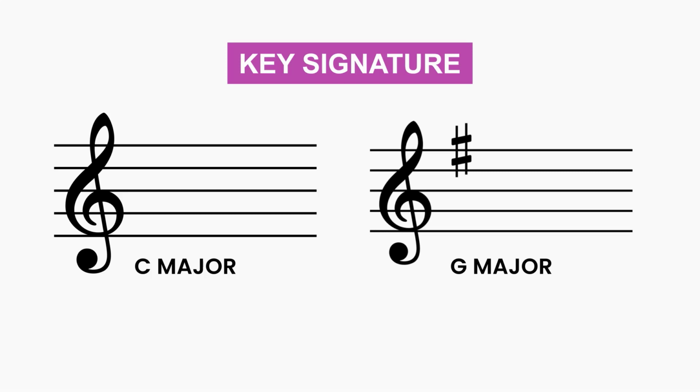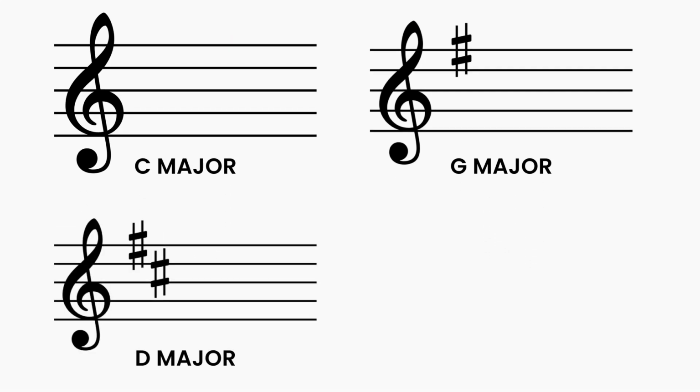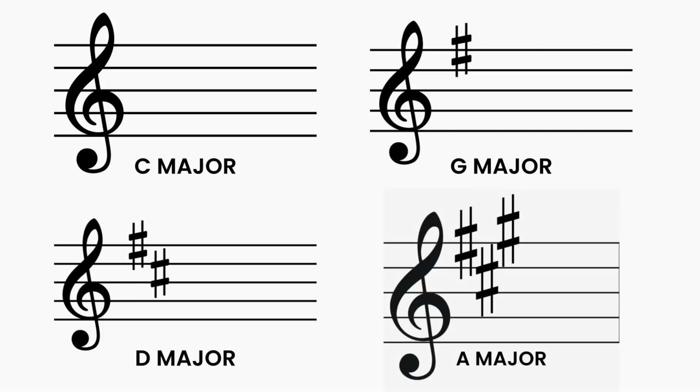G major has one sharp, that is F sharp. D major has two sharps, that is F sharp, C sharp. A major has three sharps, that is F sharp, C sharp, and G sharp.